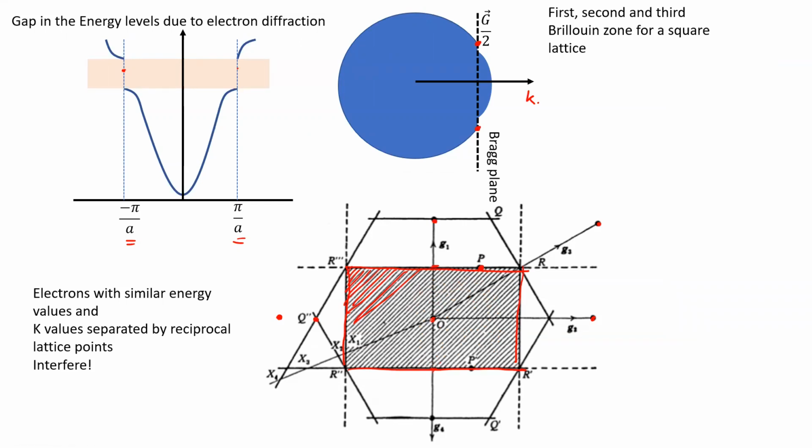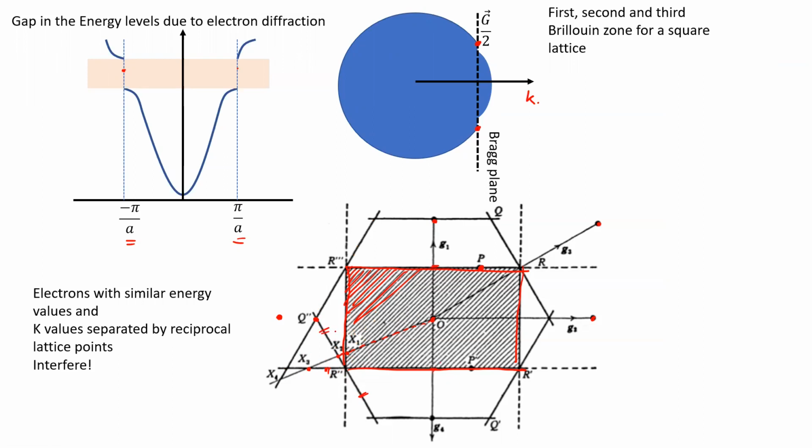Similarly, if we go along this line here, you will see that you will have a discontinuity in the surface like we saw here at points K, X1, X2, and X3, right? You'll see that it interferes with the Bragg plane in all these points. You have the first Bragg plane here. You also have the second Bragg plane here.